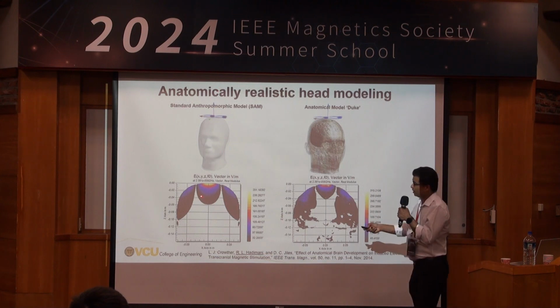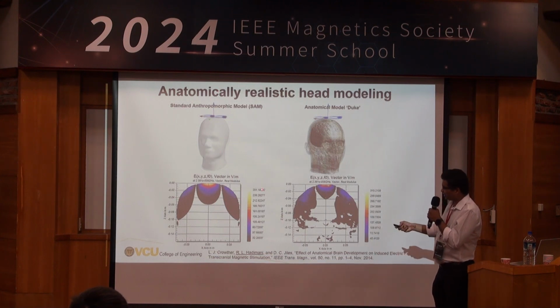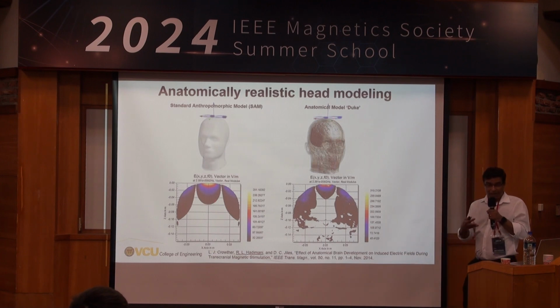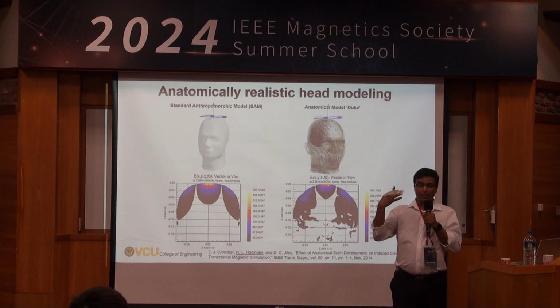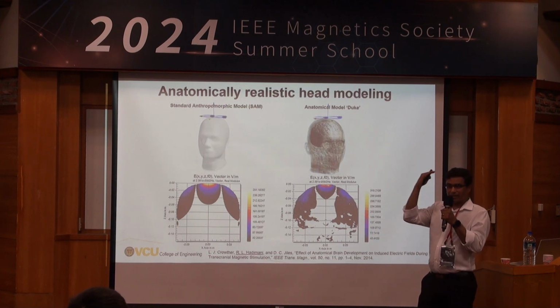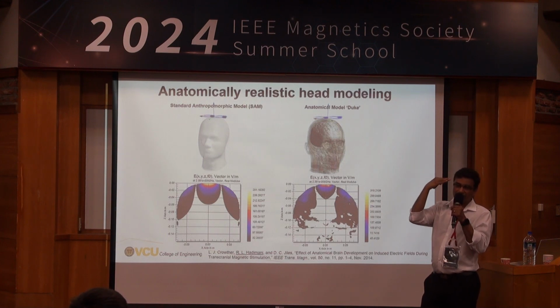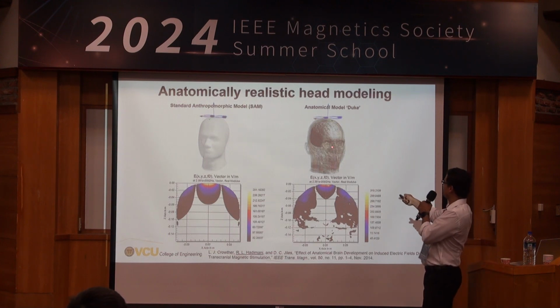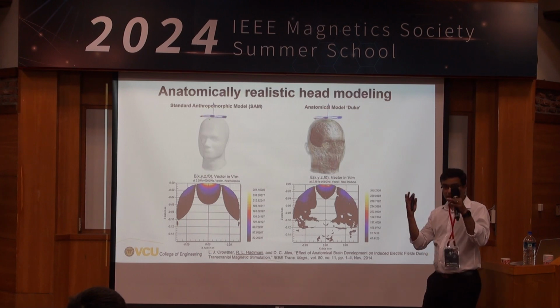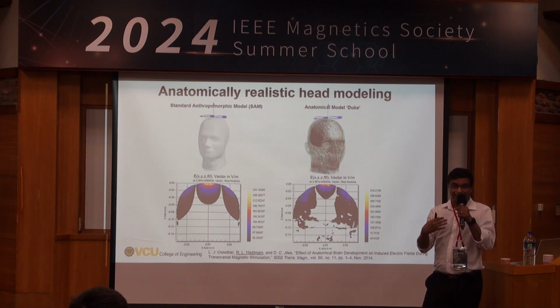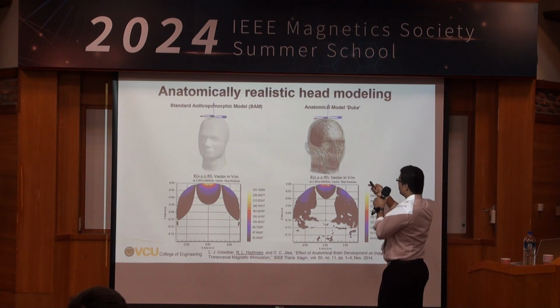If you look at the induced electric field on the surface from the homogeneous head, you get this nice pattern. But if you actually build a head based on MRIs, you take the MRI and segment the skin, skull, CSF, that is cerebrospinal fluid, gray matter, white matter, ventricles, and then build a volumetric head model and assign different electrical conductivities to all these regions.